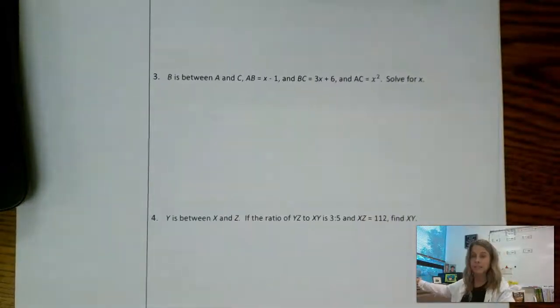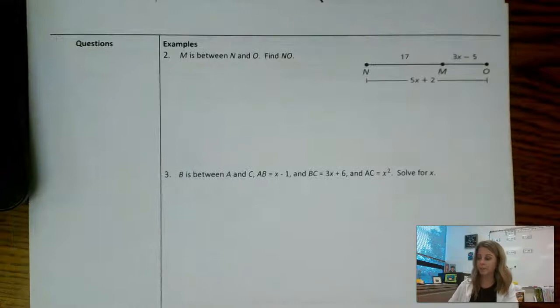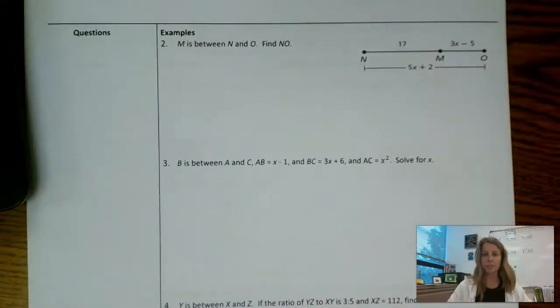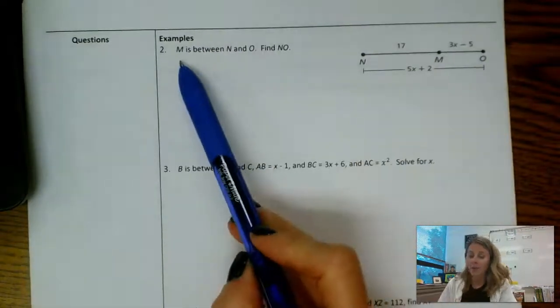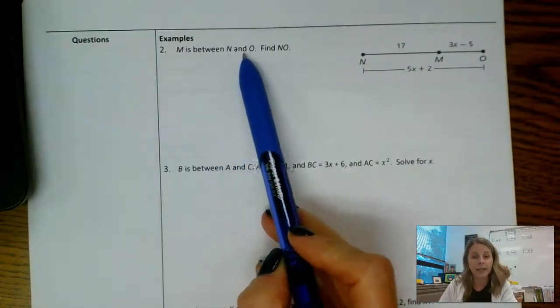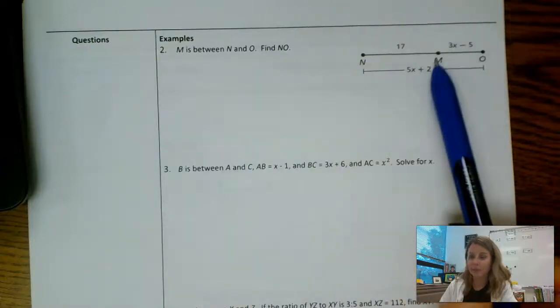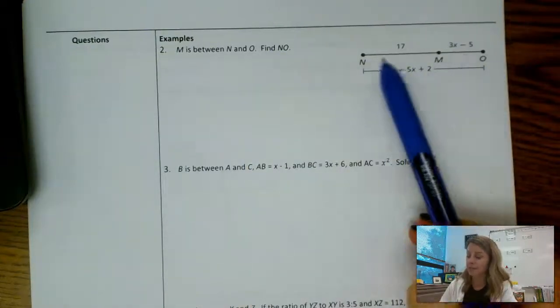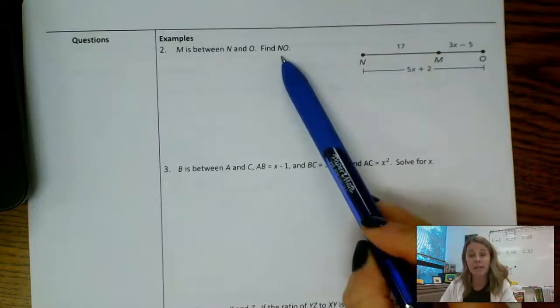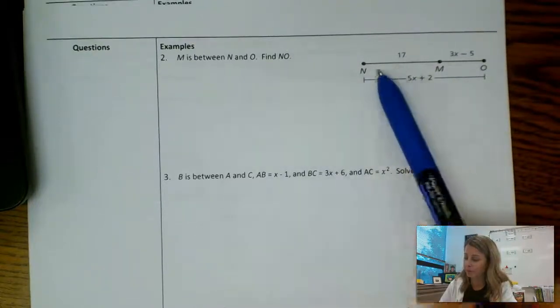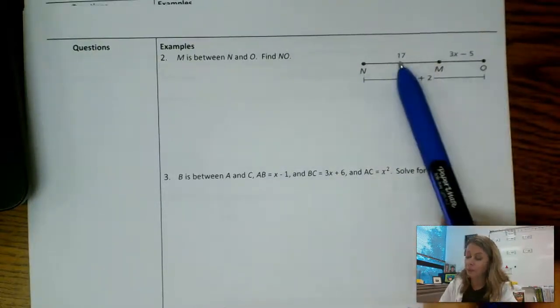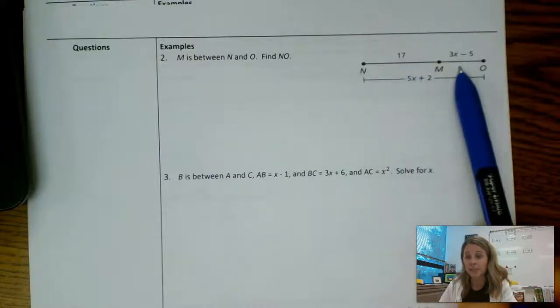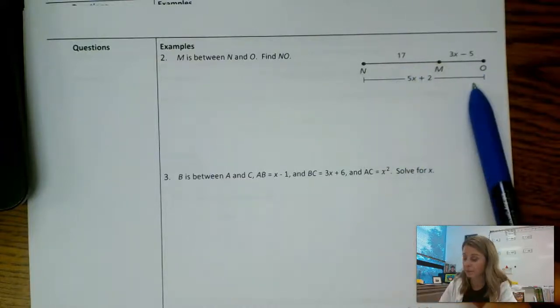Okay, let's look at some segment addition postulate questions in a variety of difficulty, because we can get into some complicated algebra with these problems. M is between N and O, so that tells me that M is on the same segment as N and O. Find the length of NO. I know this little section is 17, then 3x minus 5, and the whole thing.